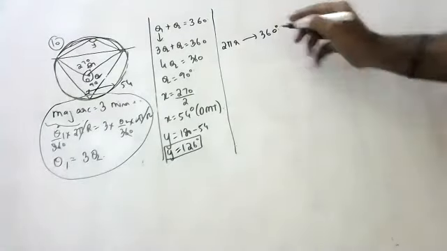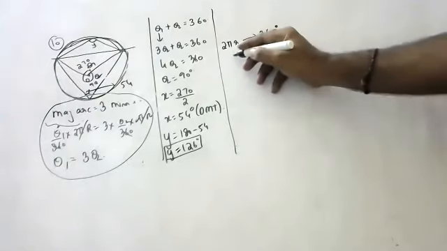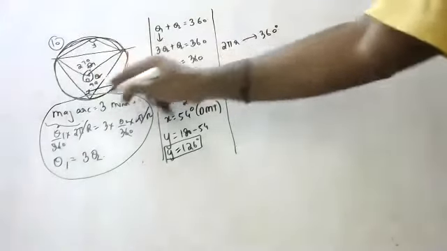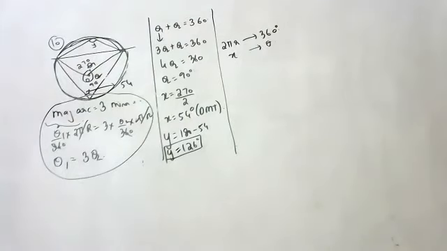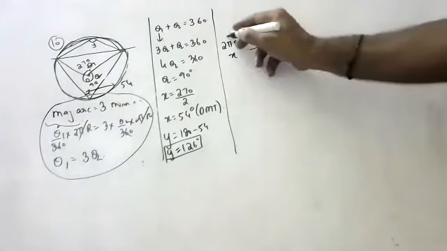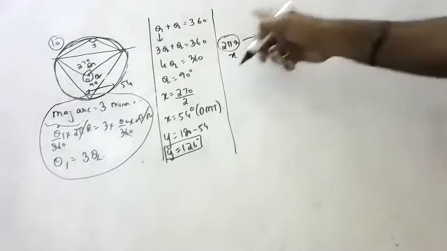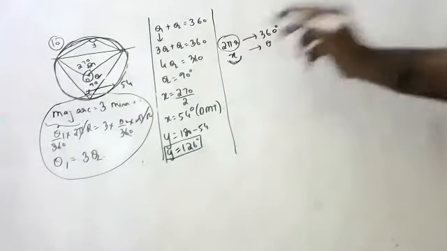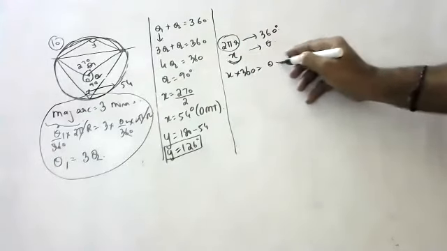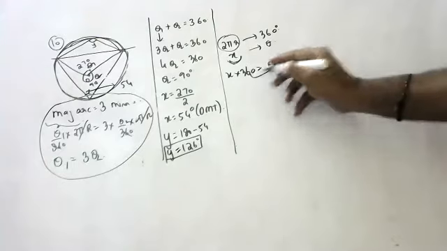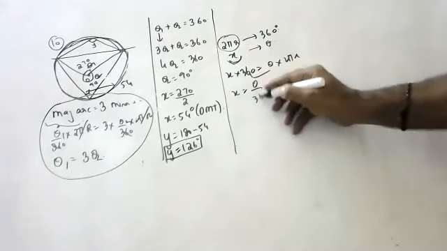In the center, one arc will be there. That arc is subtending how much angle? The full circle subtends 360. The small arc will subtend how much? So x into 360 is equal to theta into 2 pi r. So x is equal to theta by 360 into 2 pi r.